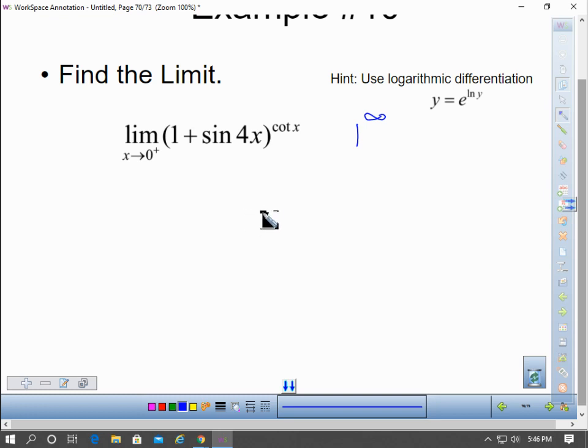So what you do is you rewrite the problem and take natural log. So I'm going to do y equals 1 plus sine 4x raised to the cotangent x, and I'm going to do logarithmic differentiation. Logarithmic differentiation is what we did last year, where you just take the natural log on both sides.